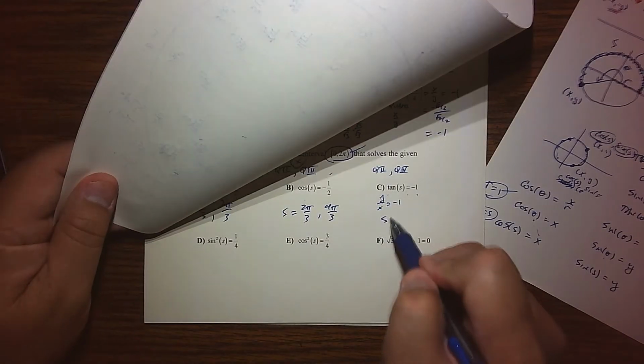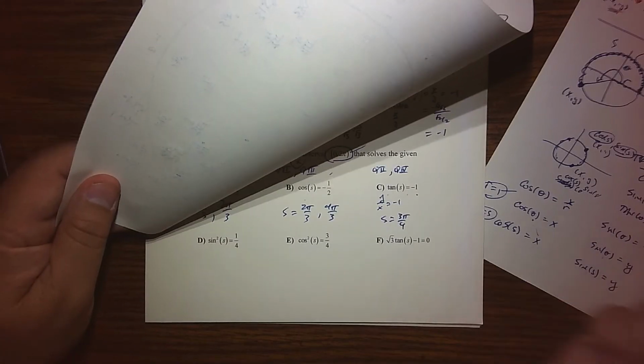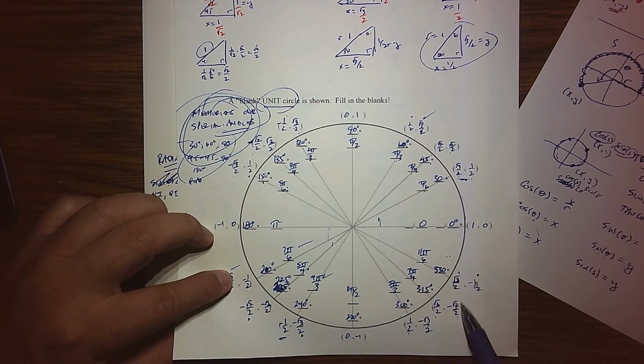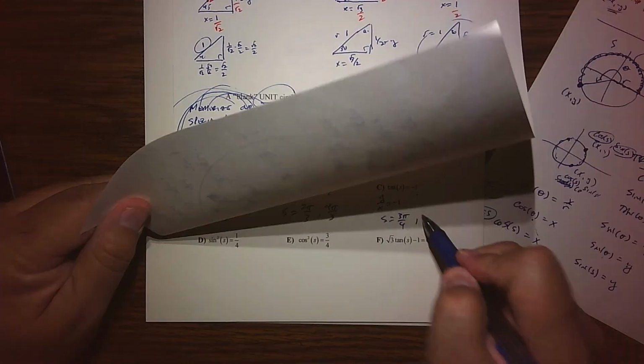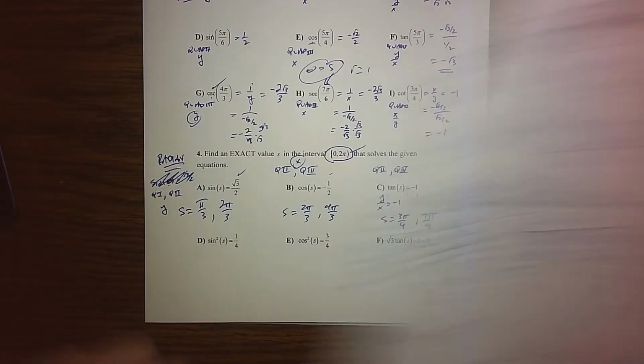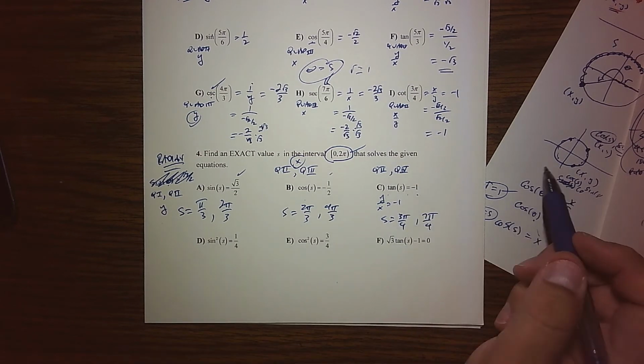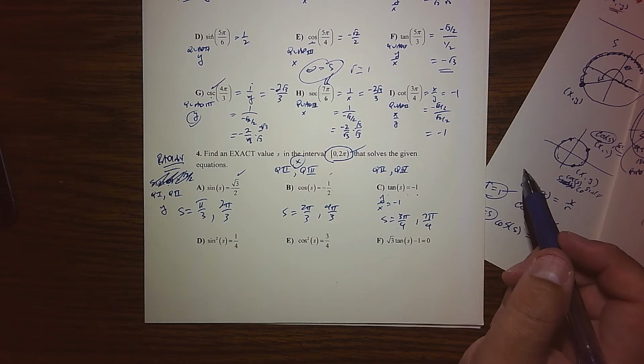So one of our solutions is 3 pi over 4. In quadrant number 4, where's that ratio? Right here, because x is positive, y is negative, but they're the same. So if I divide them, I'm going to get negative 1. So we got 7 pi over 4. So the tangent of S, the arc length, would have to be 3 pi over 4 or 7 pi over 4 for that to happen.